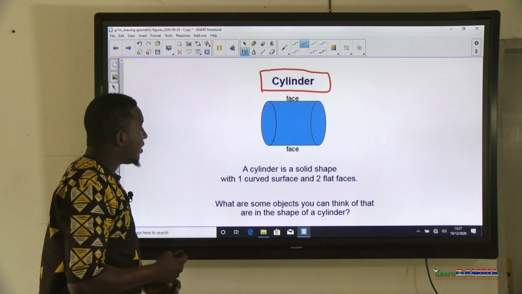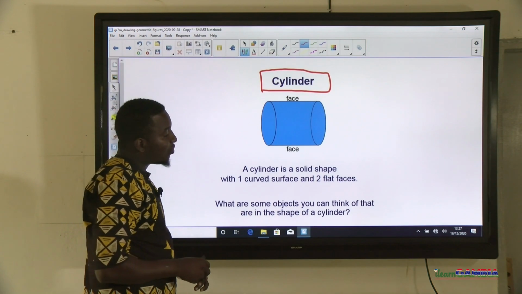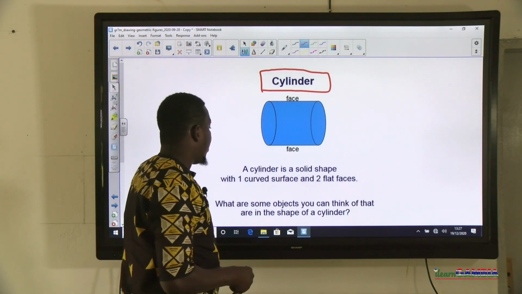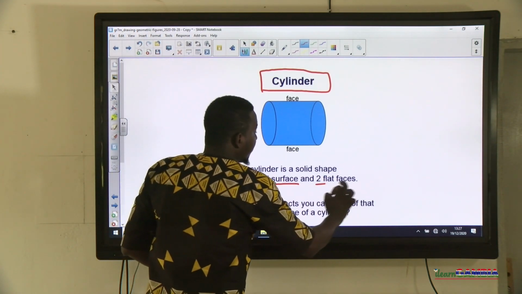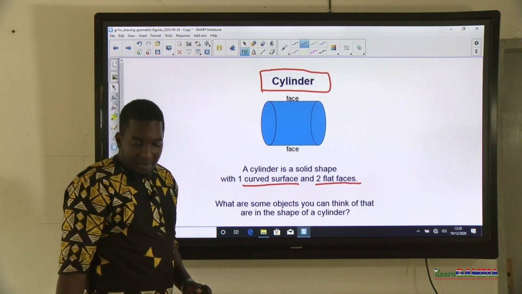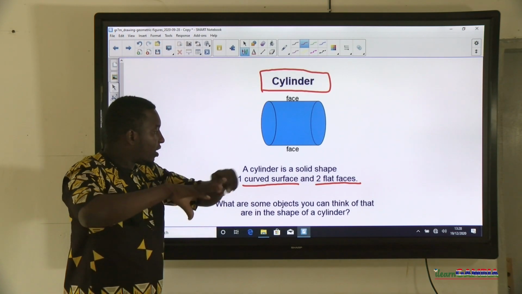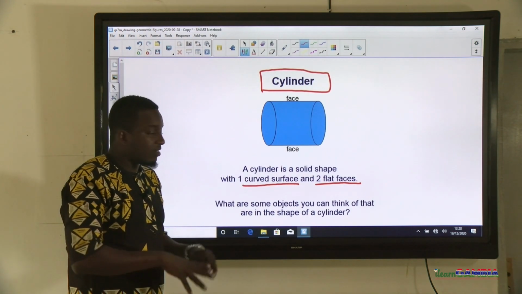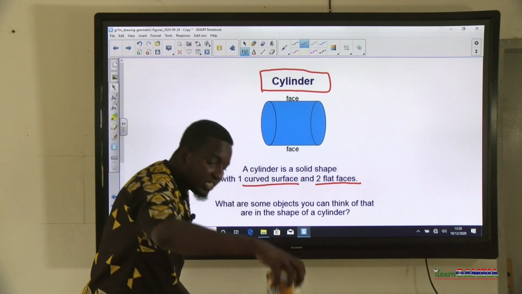So we have a cylinder. It's a solid shape with one curved surface and two flat faces. We have many objects in our environment that are cylindrical. For instance, we have this oval tin.